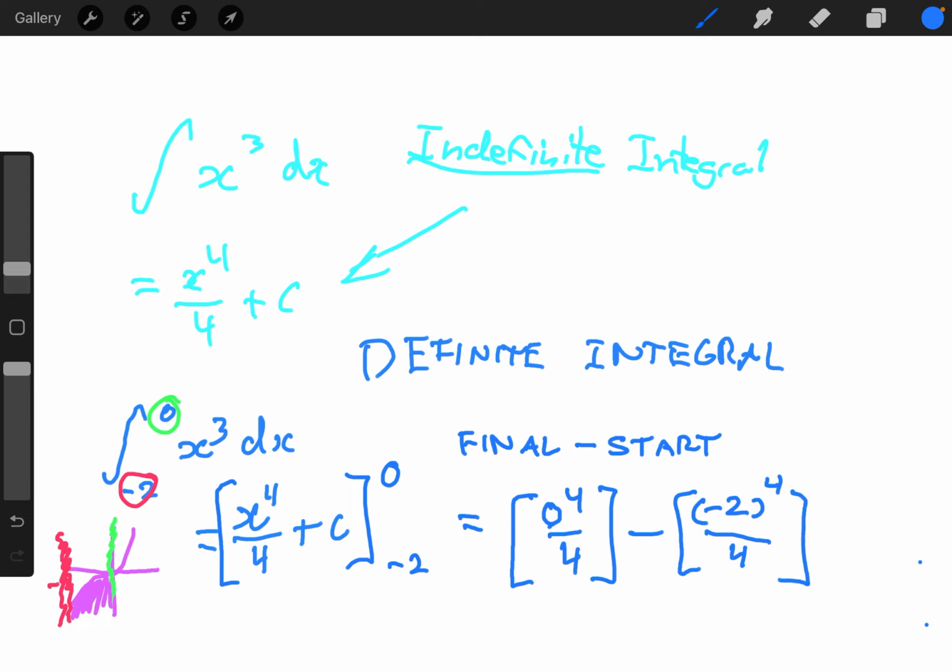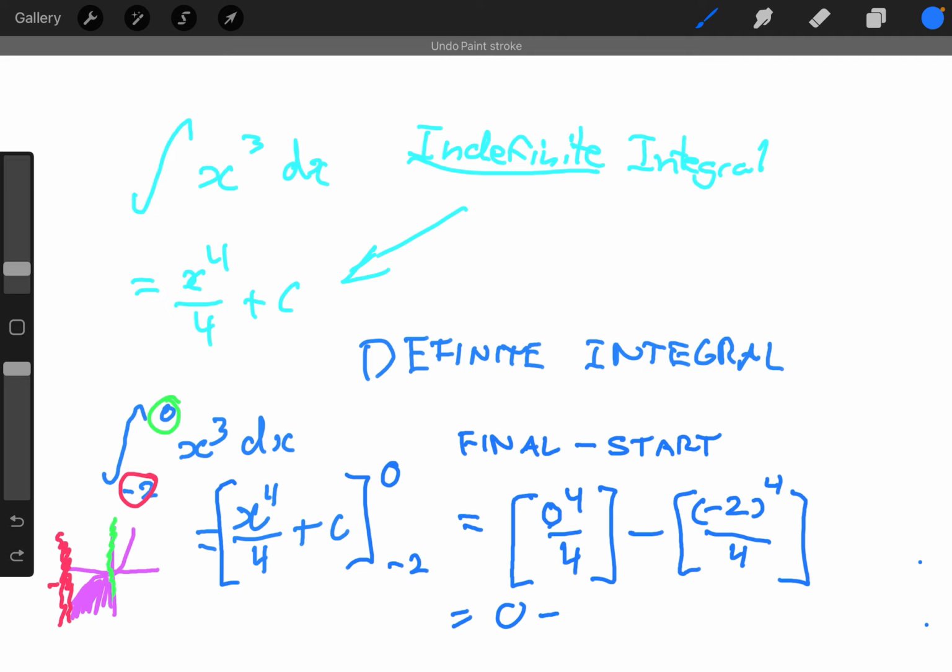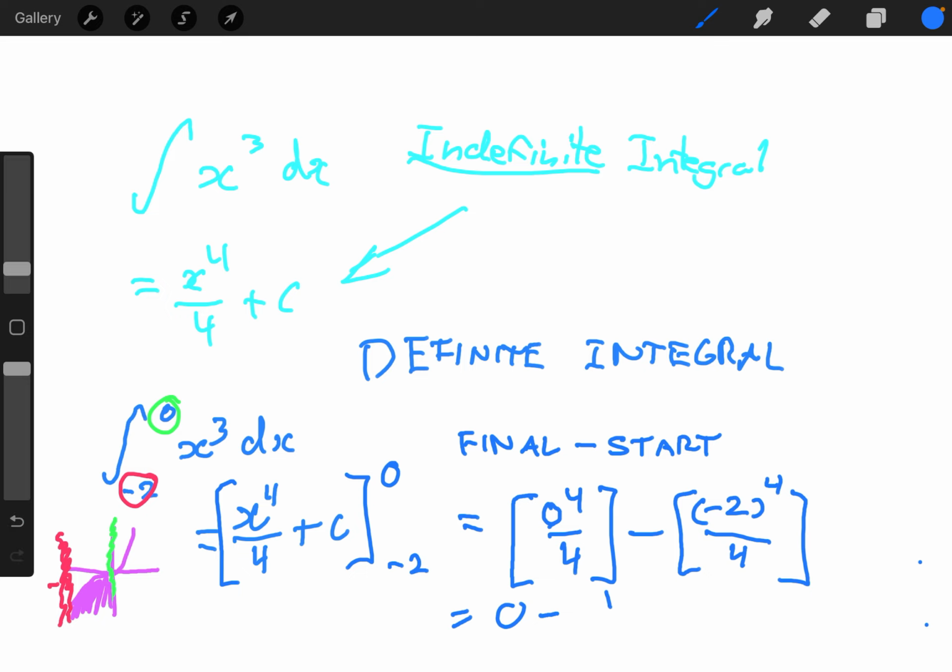And so we can calculate this. This one is just going to be 0. So it becomes 0 minus this number here. So what's -2 raised to the 4th power? That is going to be 16 over 4, which equals 4.